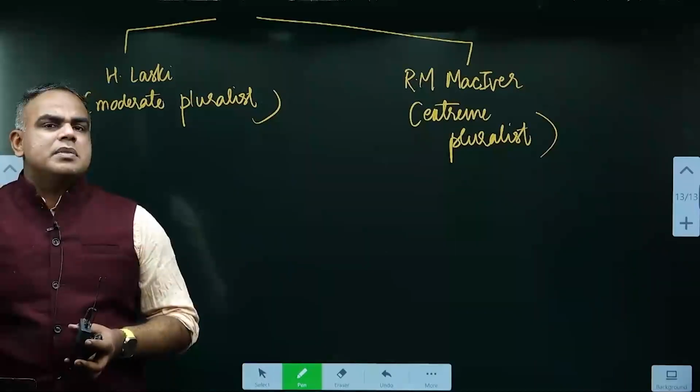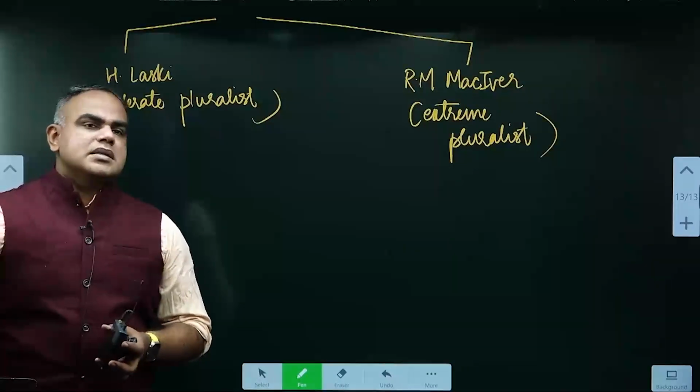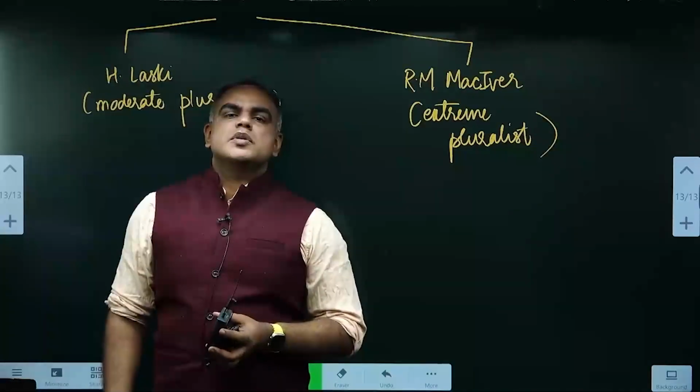If you directly get this quote, you will understand it comes from the topic of the pluralist theory of state. He believes there are other institutions which are also important, but they are not given sovereign status.